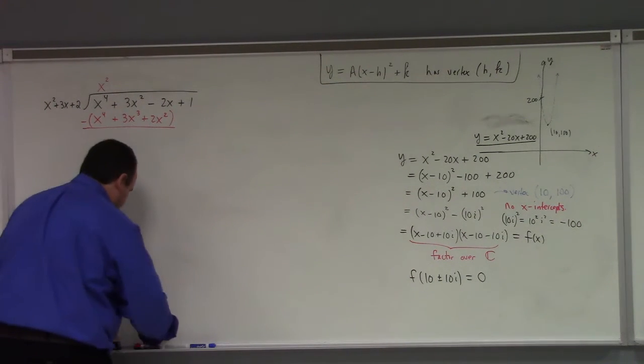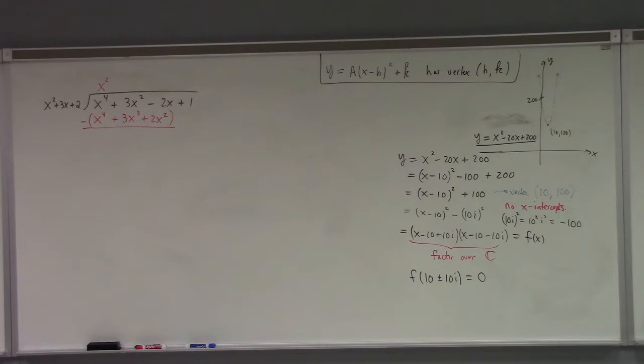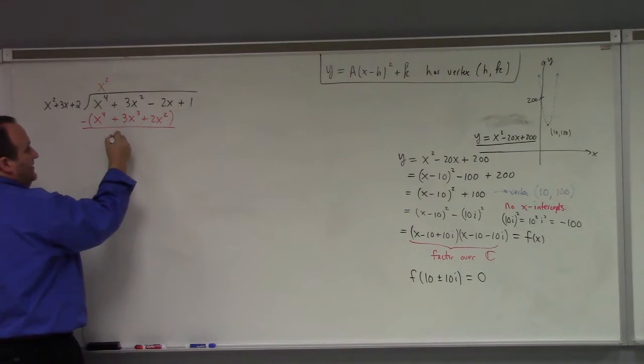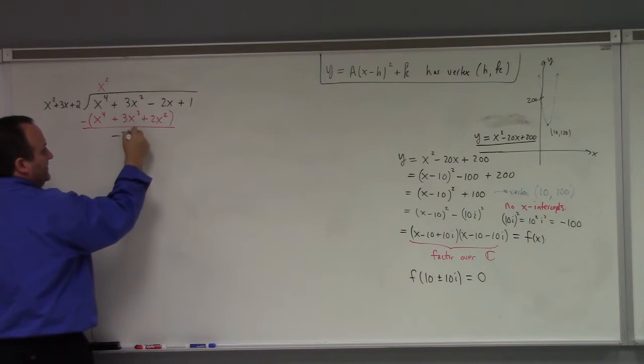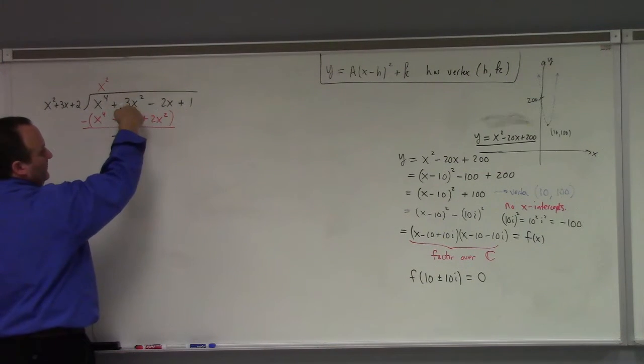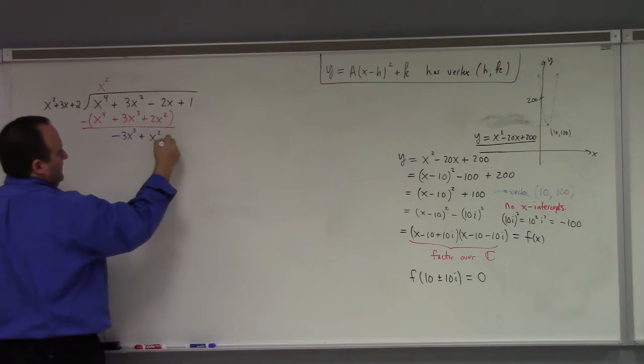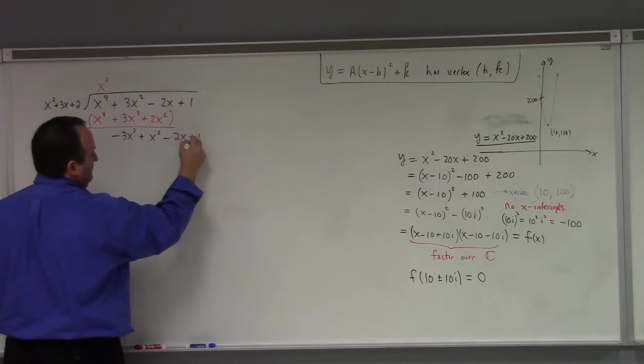However, what happens with the x cubed? Nothing, there's nothing up here in terms of cube. So I've got minus 3x cubed, that's the leading term actually. Then I've got 3 minus 2, which gives me plus x squared. Then minus 2x plus 1, all right?